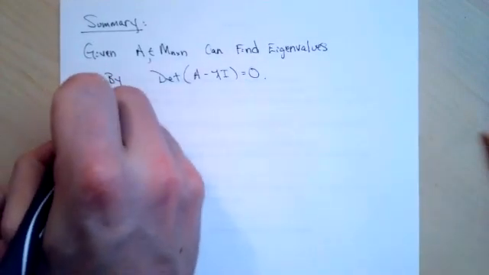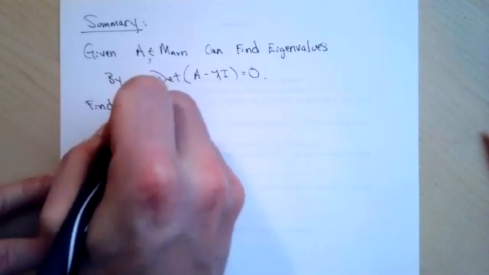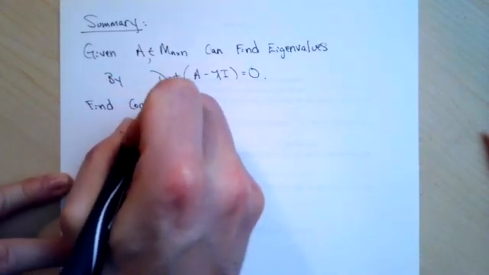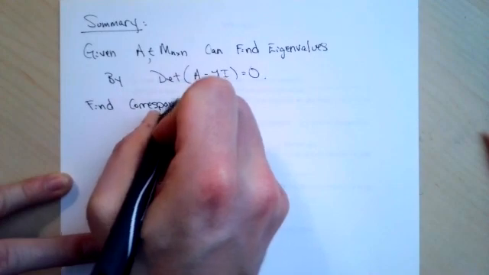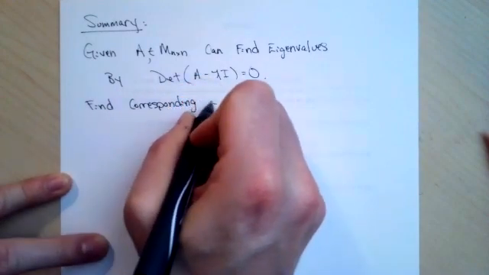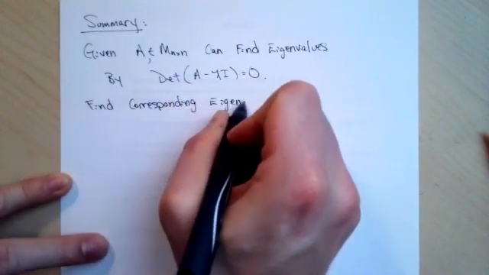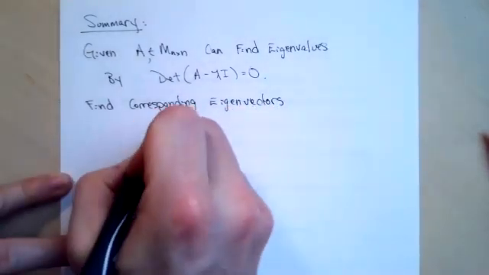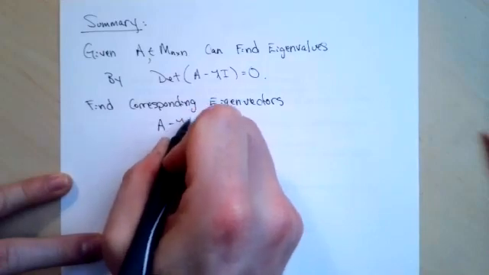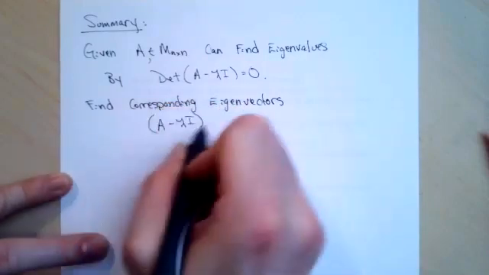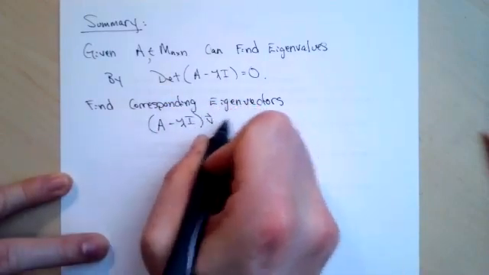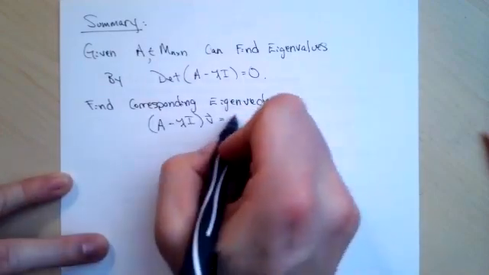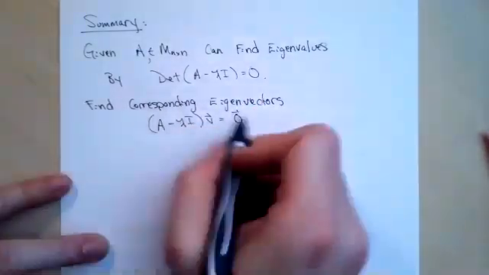And then moreover, find the vectors by simply taking a look at, again, A minus lambda I, and then multiplying it by some vector and setting that equal to the 0 vector.